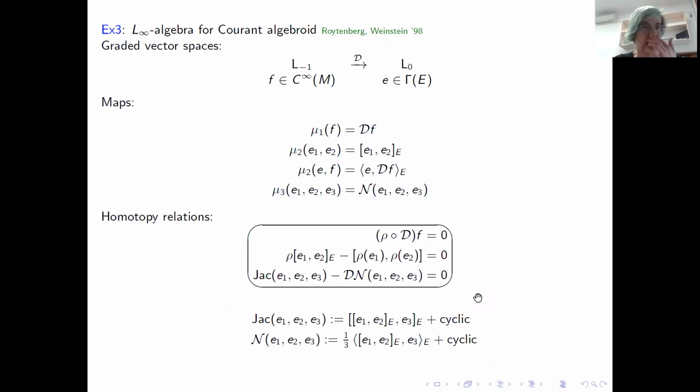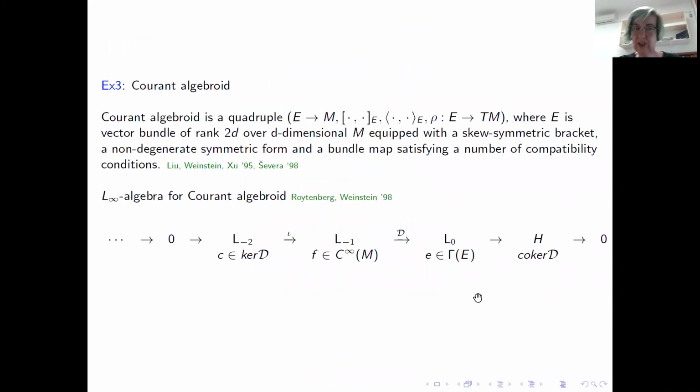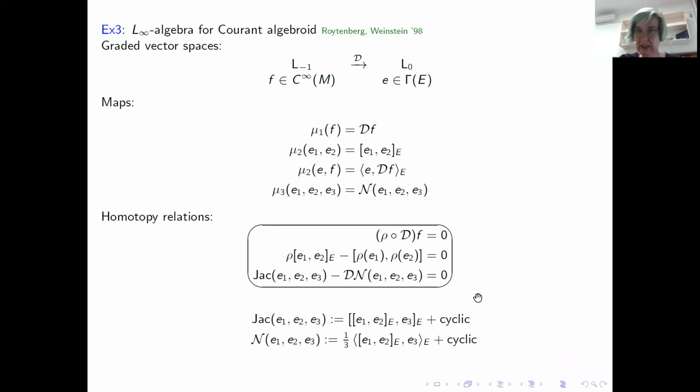So this is how you get an L-infinity algebra for a Courant algebroid. What they did is to say, given a Courant algebroid and a Courant algebroid bracket, I can lift this bracket to the whole sequence, and then I get this L-infinity algebra.